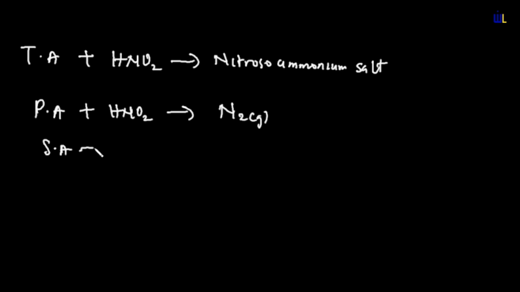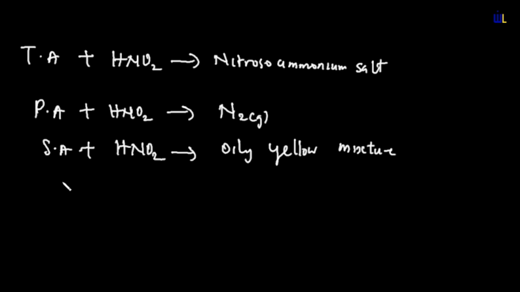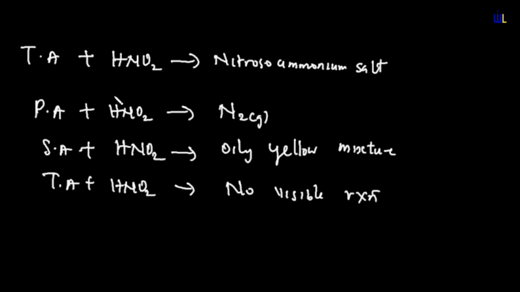Secondary amines would react with the nitrous acid to give an oily yellow mixture, while in the case of tertiary amines, when it reacts with your nitrous acid, you would have no visible reaction. Note, I did not say no reaction, but the reaction would not be visible. So that's that about your Van Slyke's method for differentiating that.